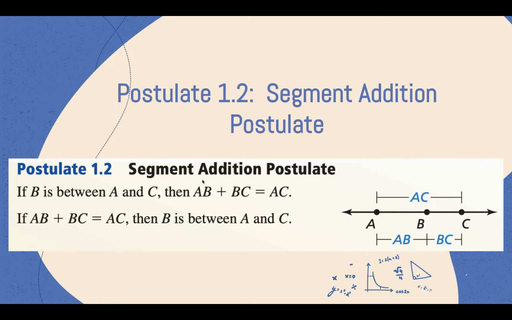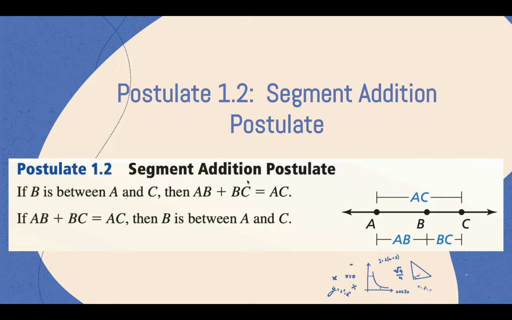Notice that there are no lines above these, because if you put lines above these, that would be an incorrect statement. Technically, you cannot add segments. We're not adding the segments. That's just the name of the postulate. We're adding the lengths of segments. So AB plus BC equals AC.